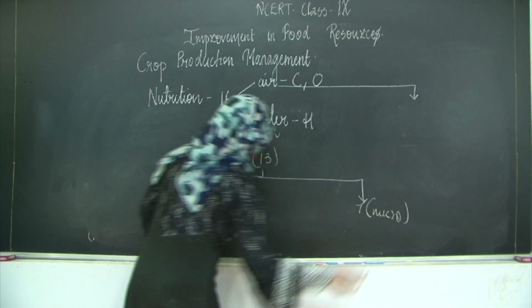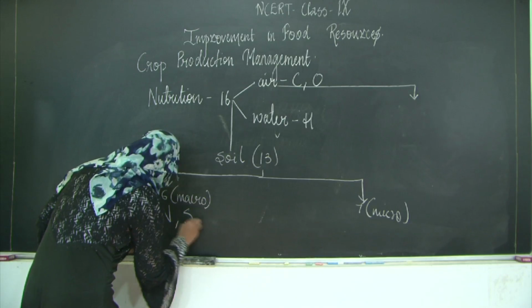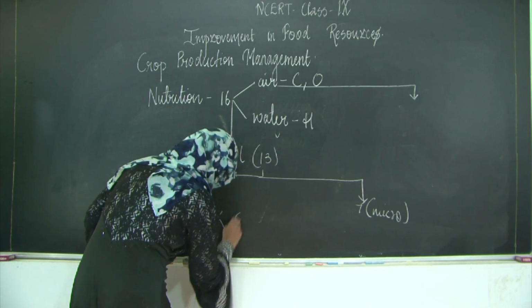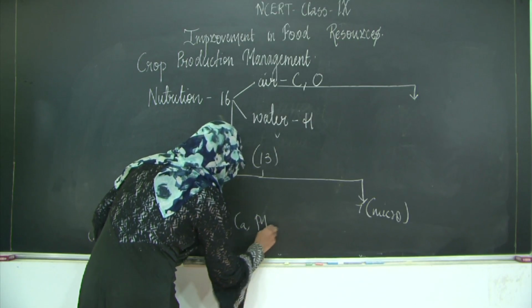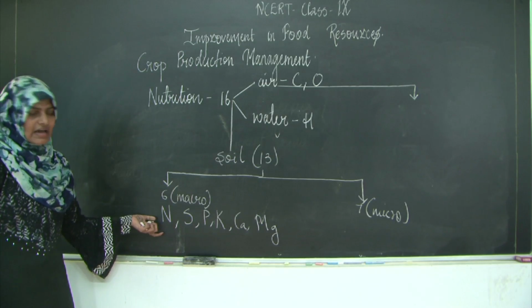Let us list down the macronutrients. They are nitrogen, sulfur, potassium, phosphorus, calcium, and magnesium. These are the 6 which are required in larger quantity.